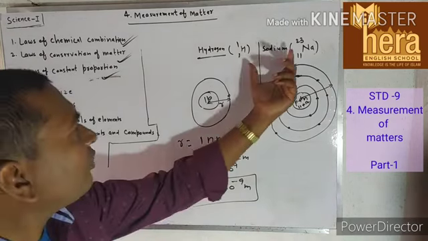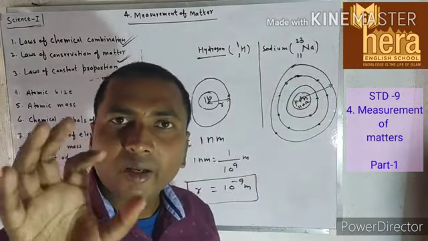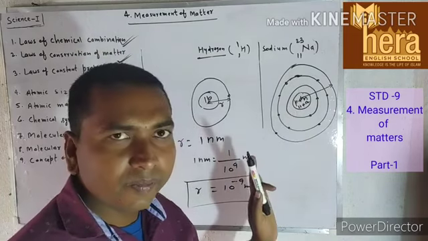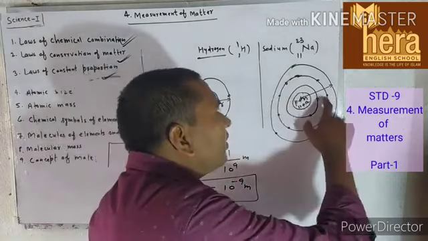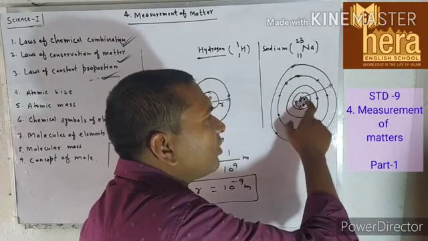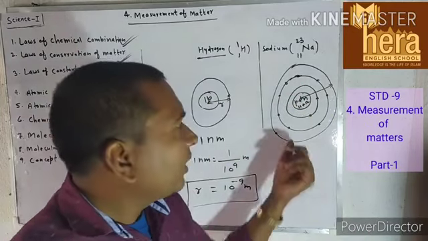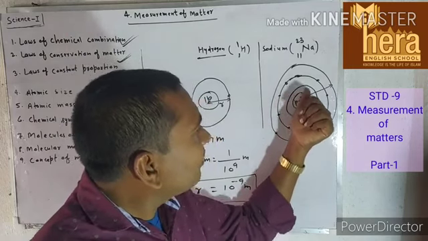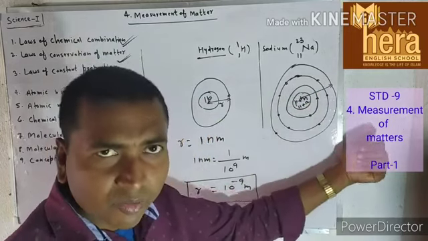Listen, if you want to find the atomic mass of an atom, simply add the number of protons and the number of neutrons. Then you will get the atomic mass. We ignore the mass of electrons because, as compared to protons and neutrons, electrons have very little mass.